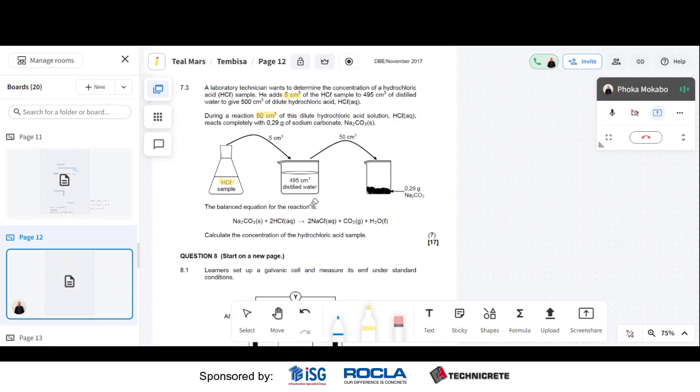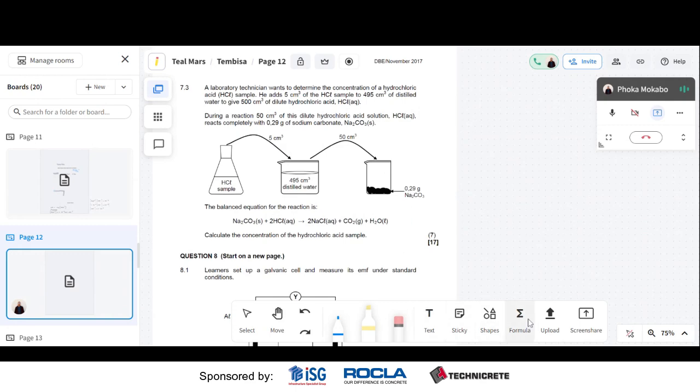That reacts completely with that much of sodium carbonate. Okay, let me actually go against highlighting because it seems to illustrate the entirety of the reaction very, very well over here. So we can keep it over there.